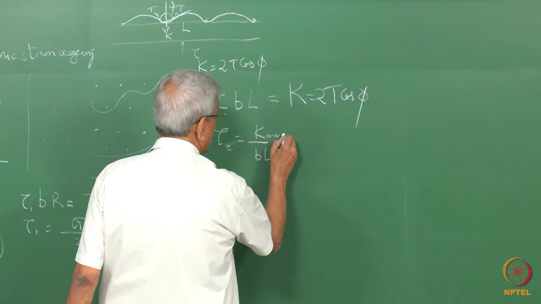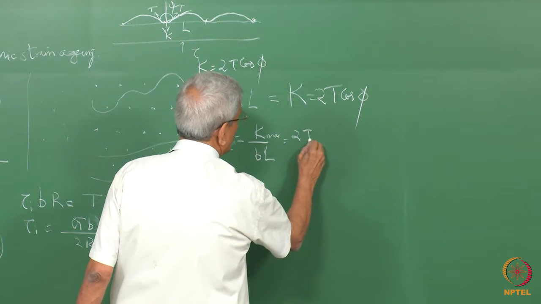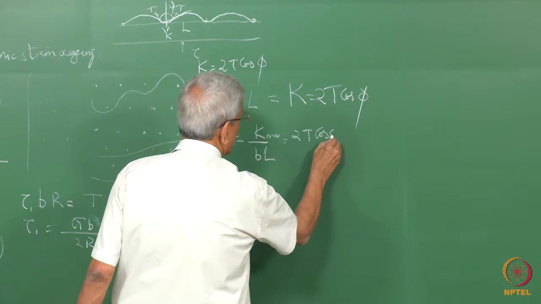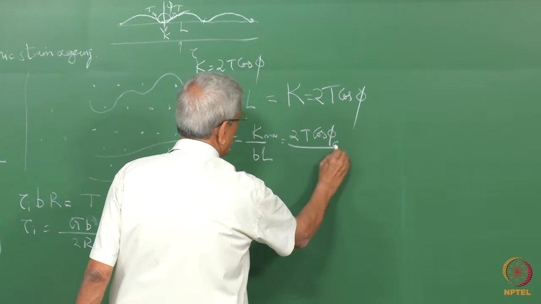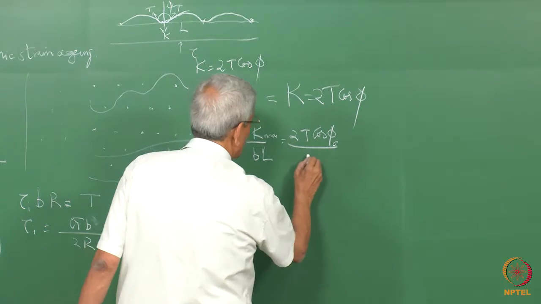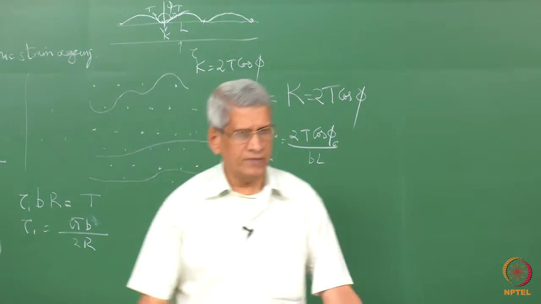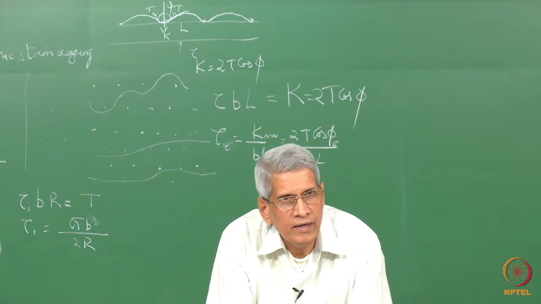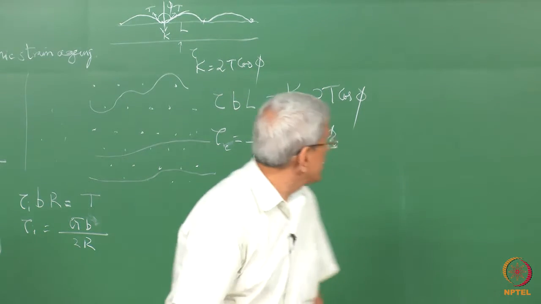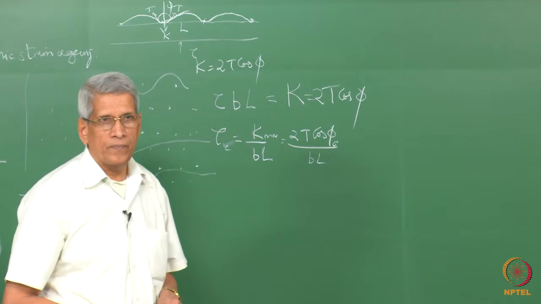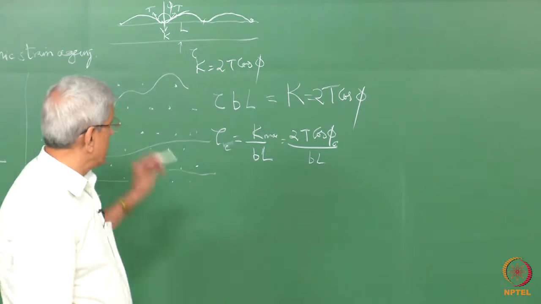This will be 2T cos phi, the maximum value, divided by bL. This is essentially the stress which is required, okay.